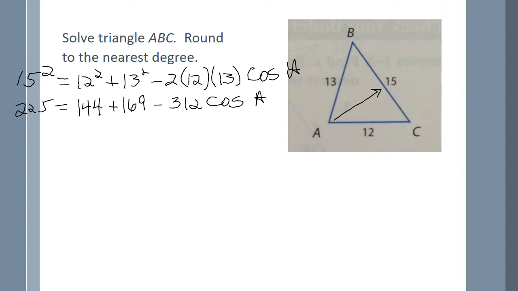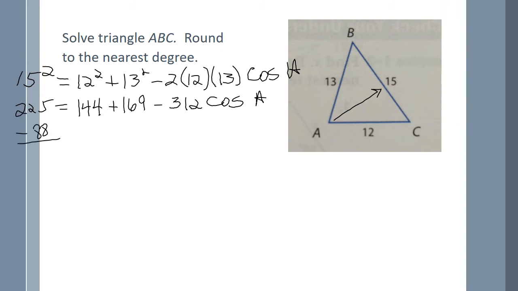That's what you want to be doing. So 144 plus 169 is 313. So we want to subtract 225 minus 313. And we end up with negative 88.